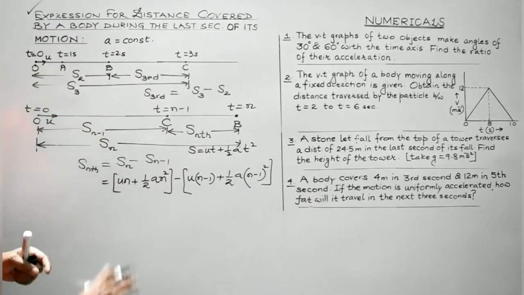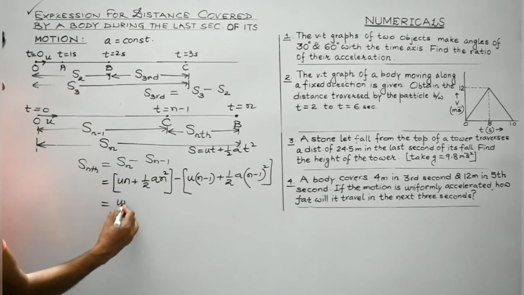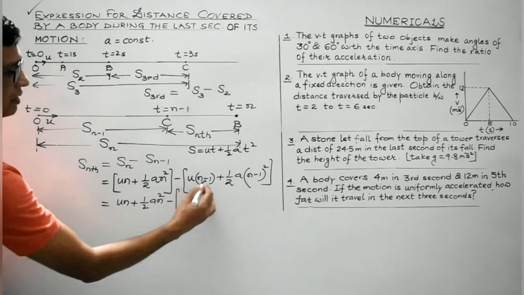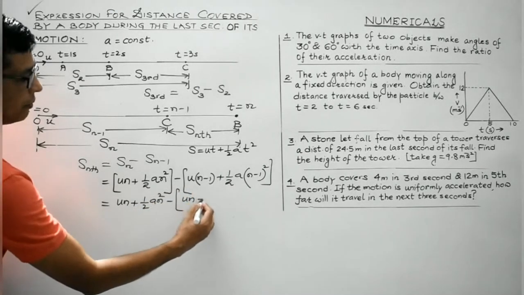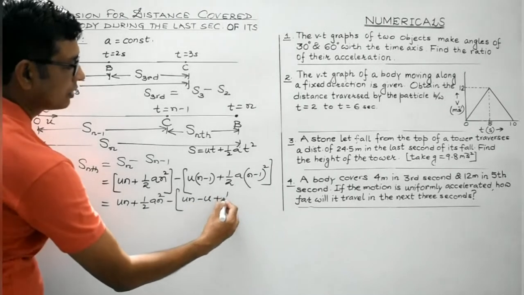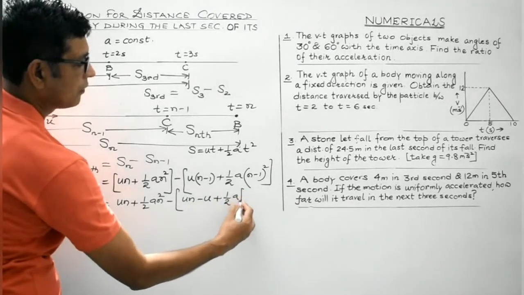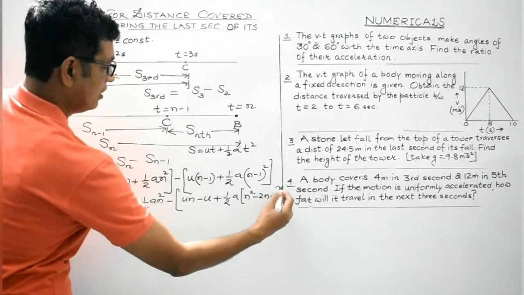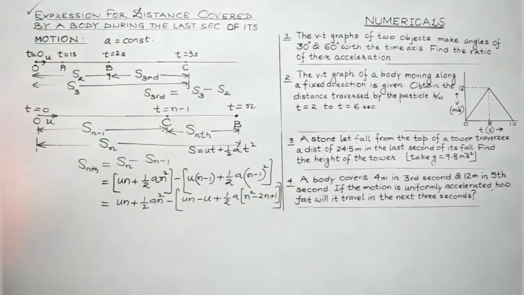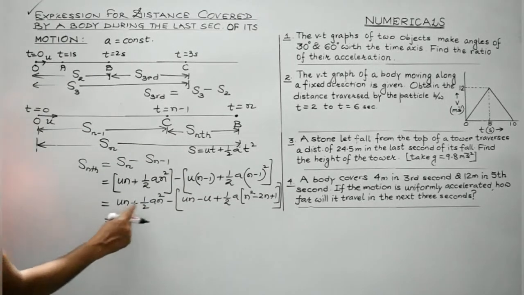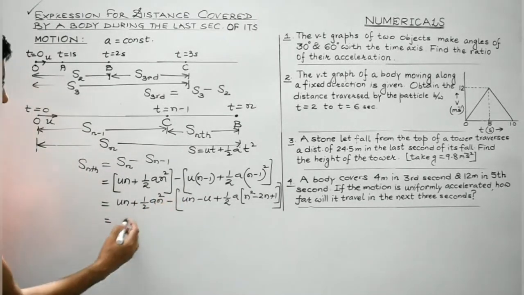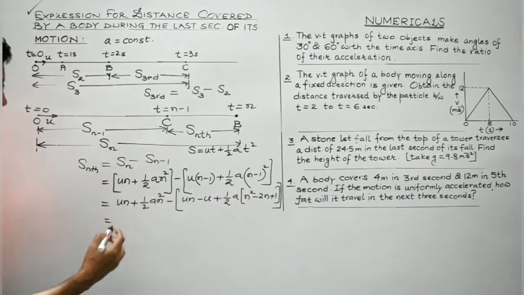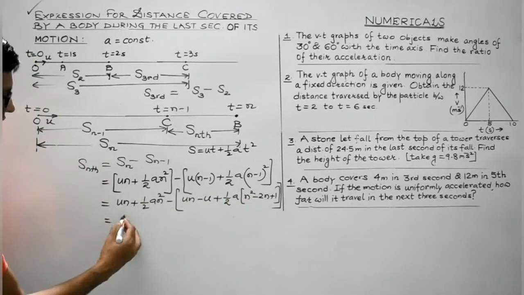Right, students? Let's solve it. So it will be un plus half an square minus un minus u plus half a n square minus 2n plus 1. Keep solving it. So what you get is un, this minus un gets cancelled, isn't it? Un minus un gets cancelled.